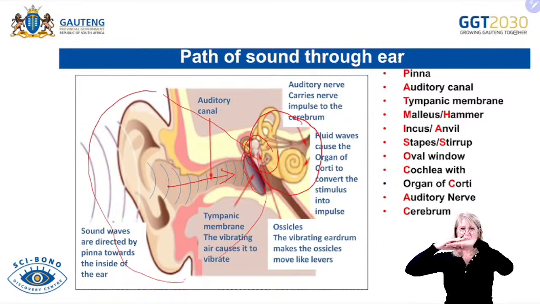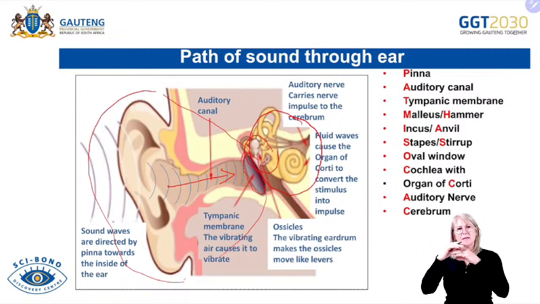When that membrane moves up and down, it moves up against another membrane, and as soon as it does, it causes the sensory or receptor cells to trigger an impulse. Okay, so the little hair cells that form the organ of Corti then create a nervous or electrical impulse that is carried via the auditory nerve to the brain.